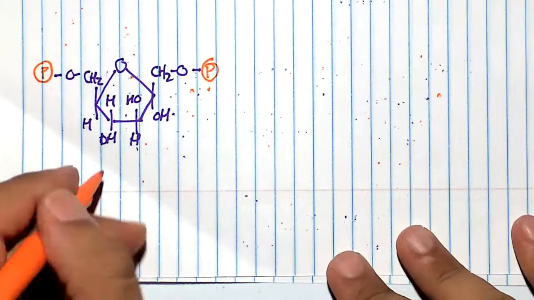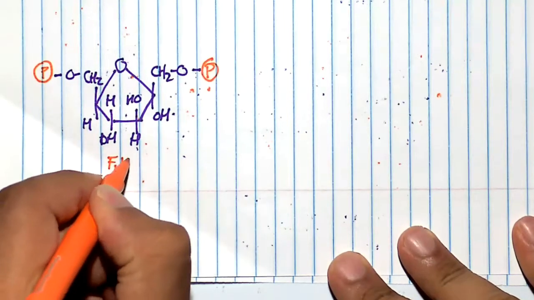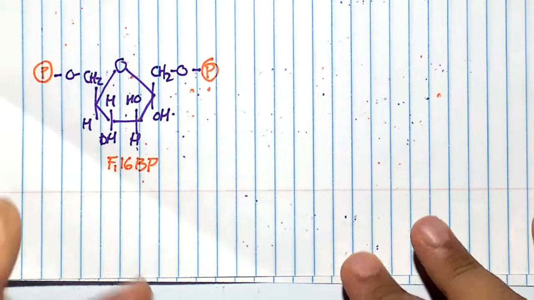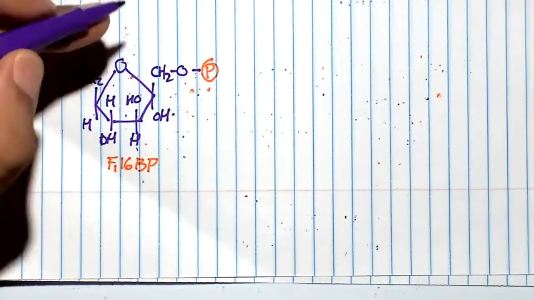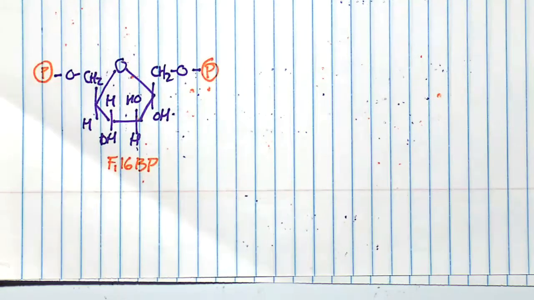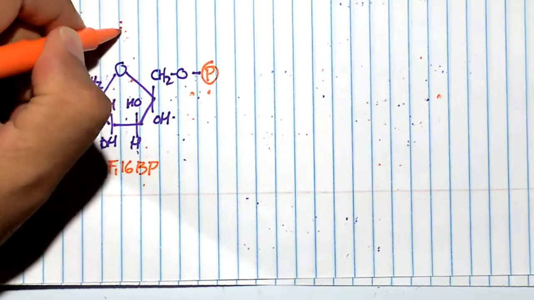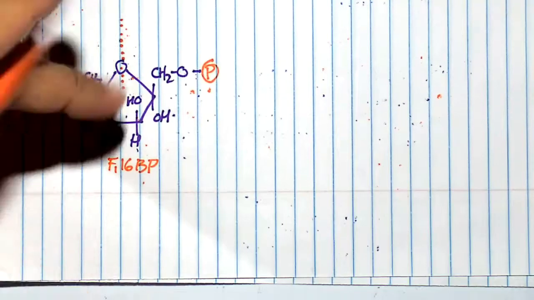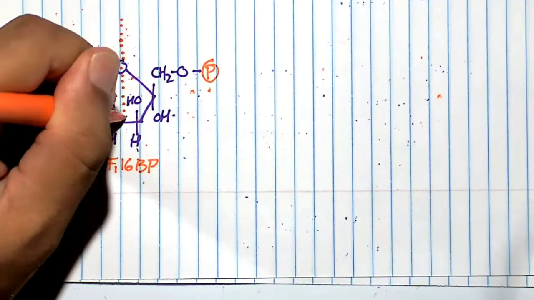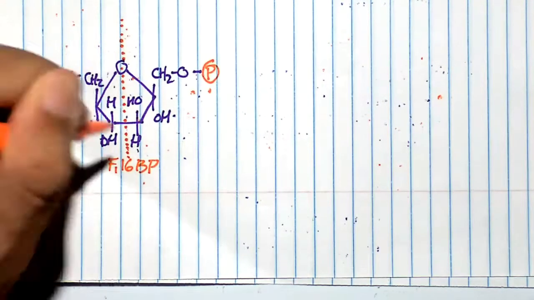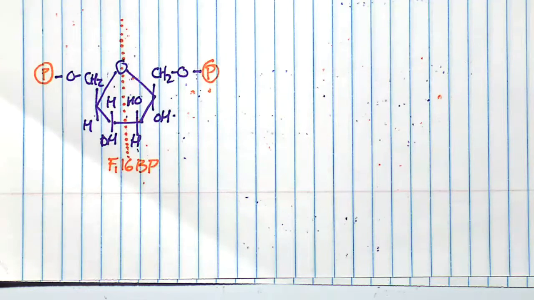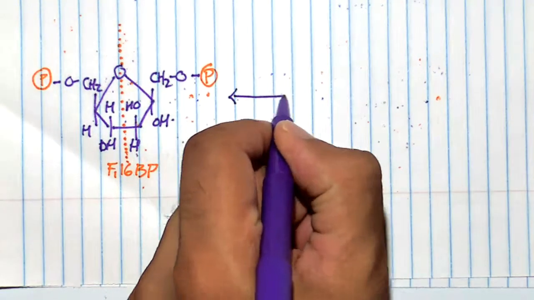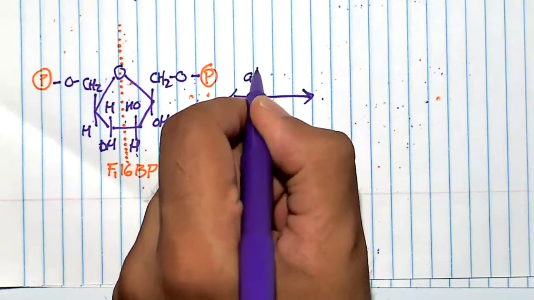All right, fructose 1,6-bisphosphate. And the next step of glycolysis, as I stated before, we're going to just cut this molecule down this plane, okay? The enzyme that does this is called an aldolase, and the aldolase actually runs in both directions, so you can have an equilibrium.